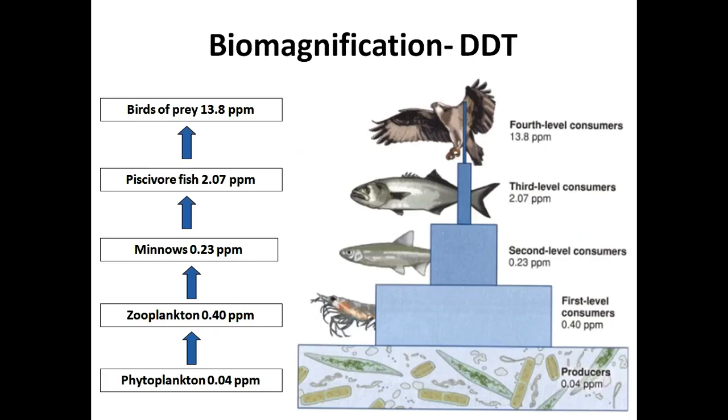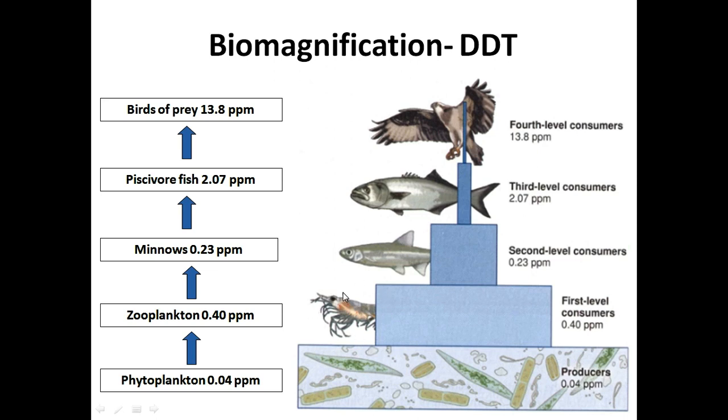And this graph shows how the biomagnification is happening. Let's start from the very bottom, phytoplankton. They have very low concentrations of DDT in their bodies, but the next level, the consumers, consume hundreds, maybe thousands of these. So they get more and more DDT.